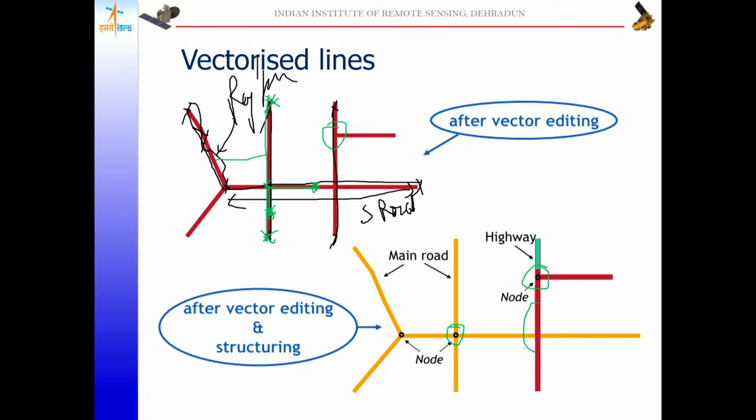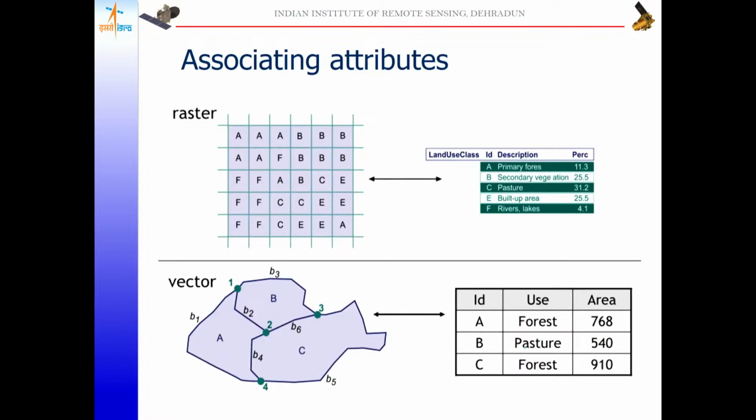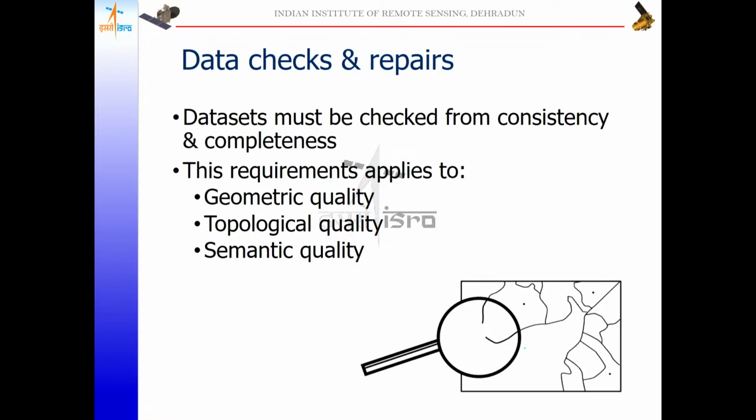This kind of information needs to be stored corresponding to each feature created. The attribute association process we have already seen for polygons, so I'll skip this.